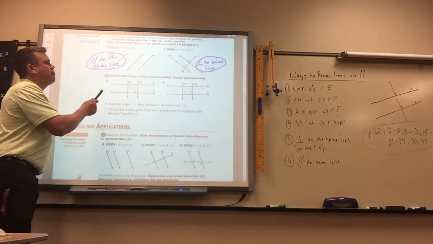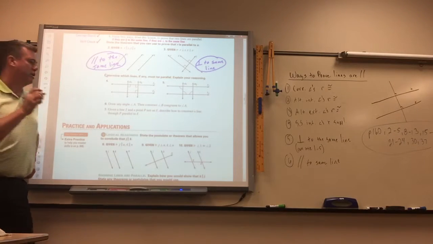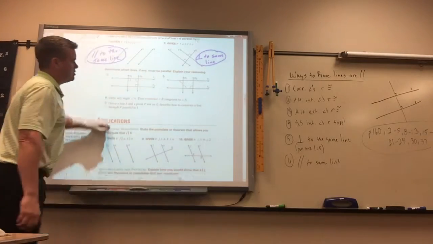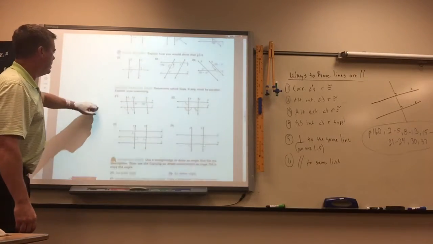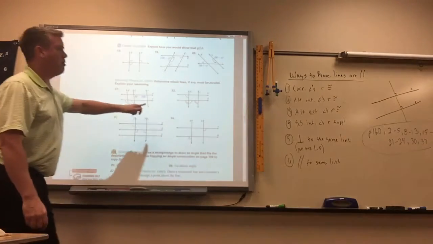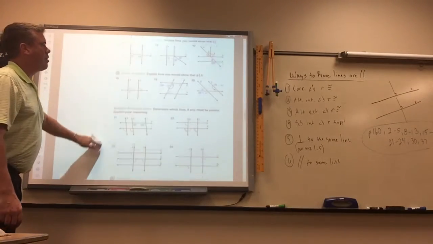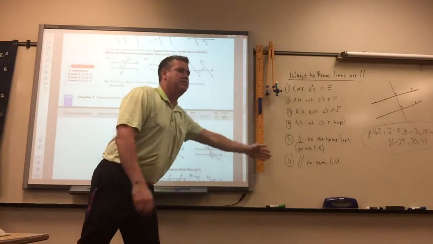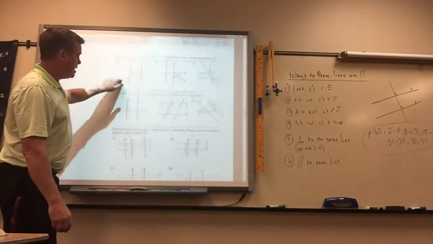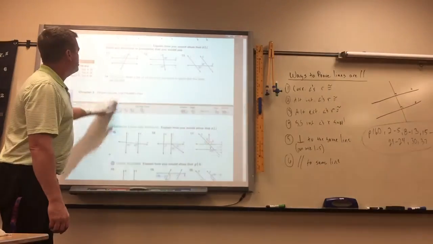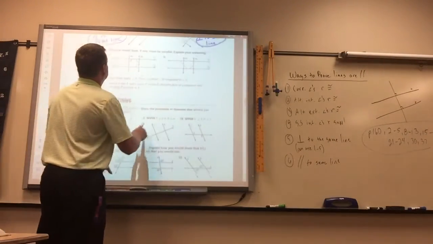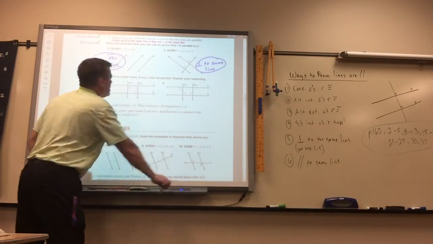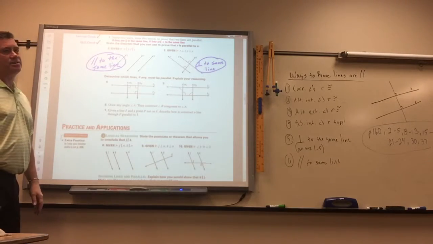Now, 4 and 5, there's a little more to it. Same thing when you get to 21 through 24. The rest of them are just putting what reason it is, except for these two and 21 through 24. So when you get to these, you gotta say which lines are parallel, if any, and then say why.